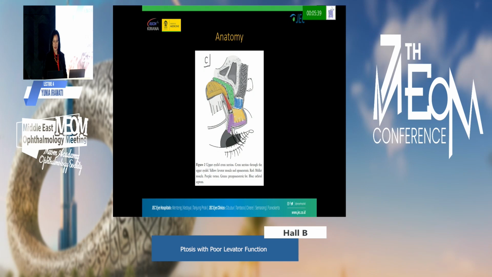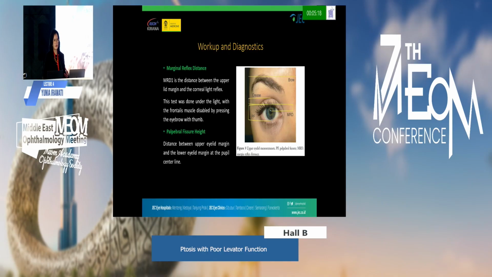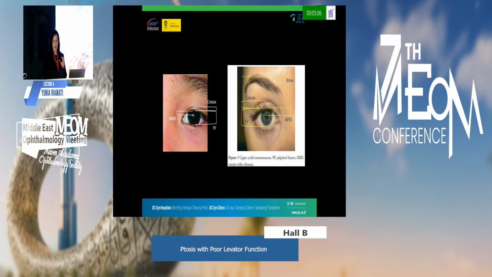For the anatomy, of course, we already know about the 7 layers of the eyelid. In blepharoptosis with poor levator function, we should manage it through the suprabrow or the frontalis muscle. This is the workup for the diagnosis: physical examination, margin reflex distance, and the palpebral fissure height.